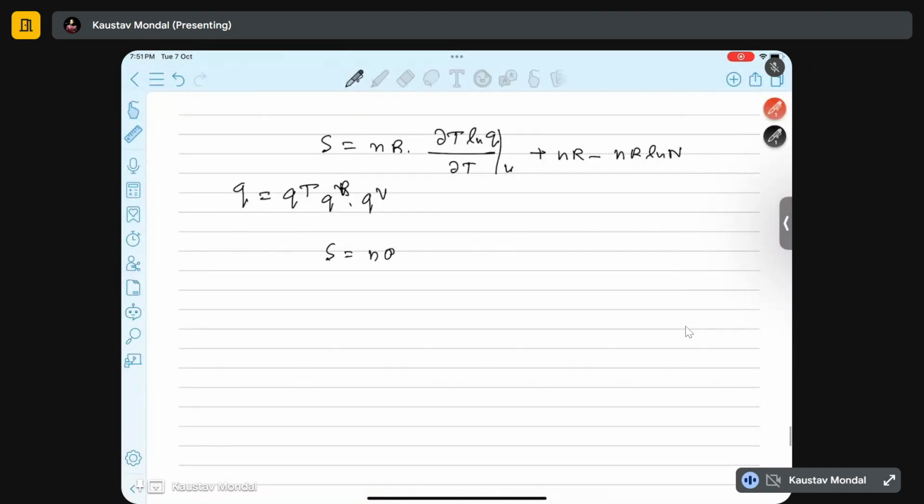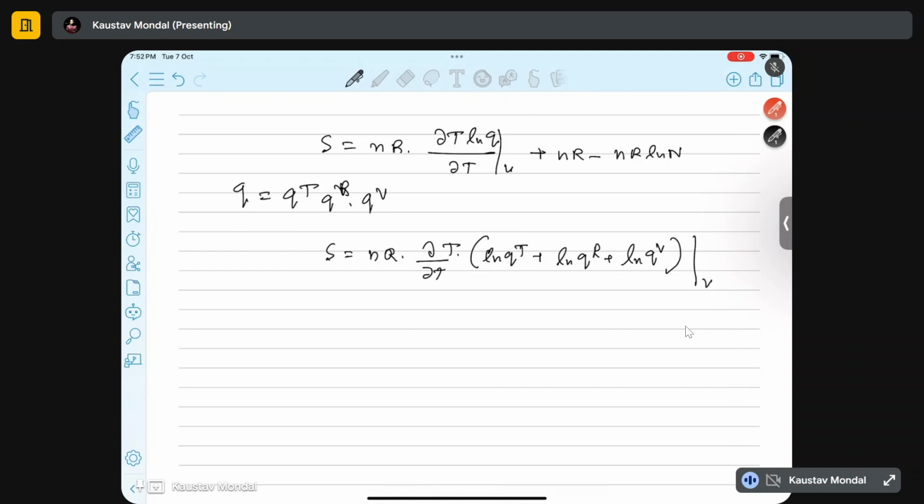So NR into del T of T into ln q, which gives you ln qt plus ln qr plus ln qv, right?